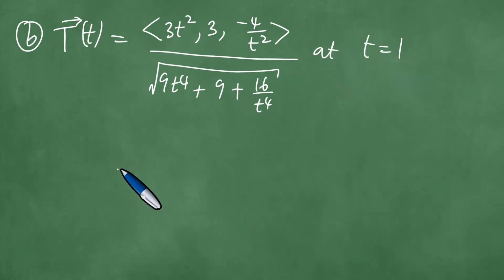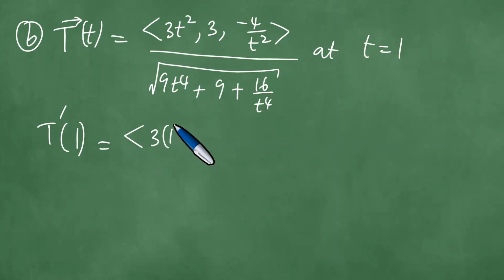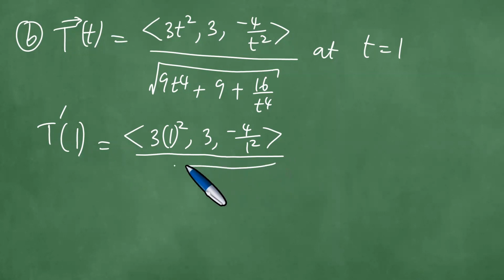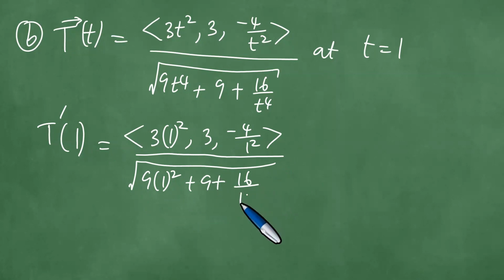At t equals 1, you have 3 times 1 squared, 3, minus 4 over 1 squared, divided by the square root of 9 times 1 to the 4th plus 9 plus 16 over 1 to the 4th.